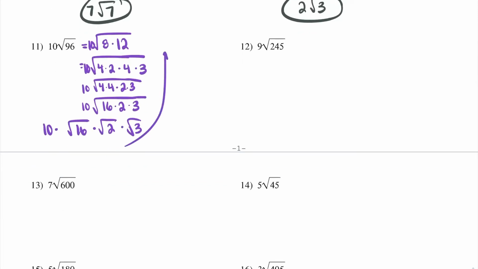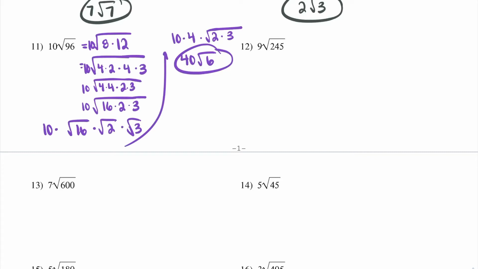I know that the square root of 16 is 4, so my work is simplifying to this. And I'm going to rewrite the square root of 2 times the square root of 3 underneath one radical sign. So I get this. Okay, 10 times 4 is 40. 2 times 3 is 6. So my final answer is going to be 40 rad 6.